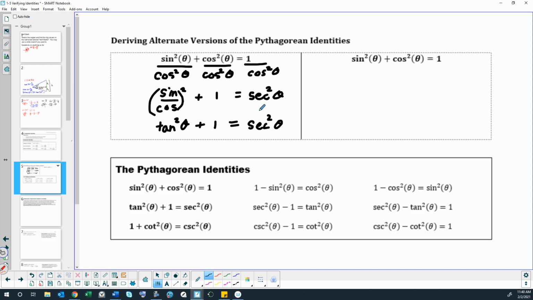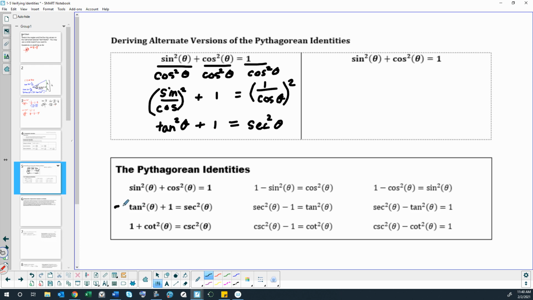I could have rewritten this part as 1 over cosine theta, so it's that thing squared, because 1 squared is 1. It makes sense to write this whole thing as secant, and then the squared makes it squared. Look, we have a new identity: tangent squared theta plus 1 is equal to secant squared theta.